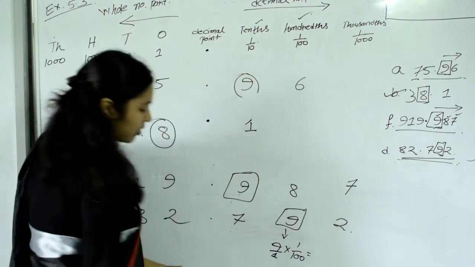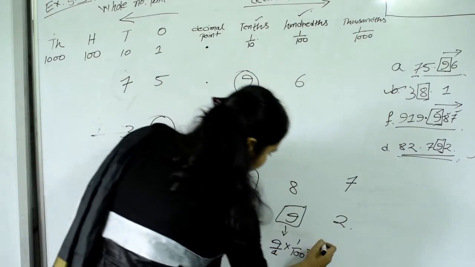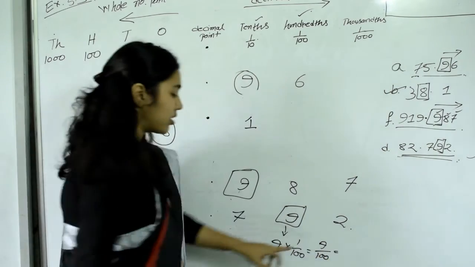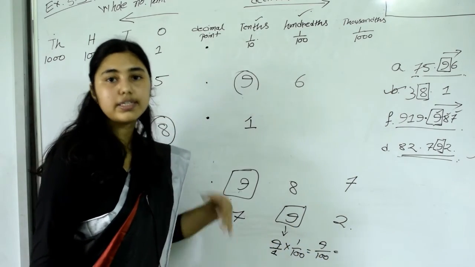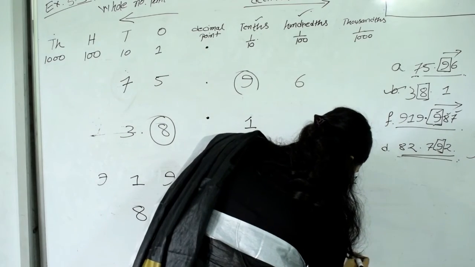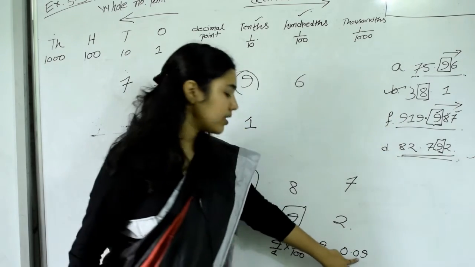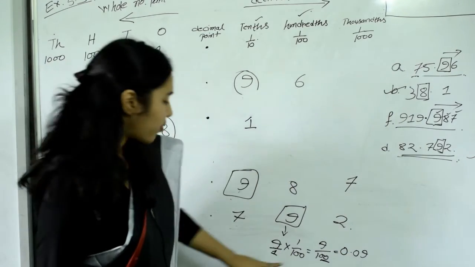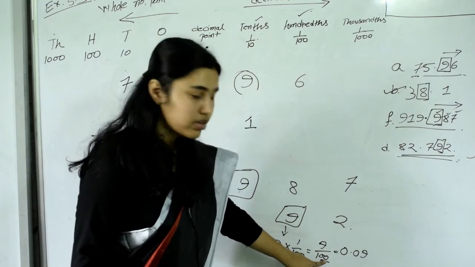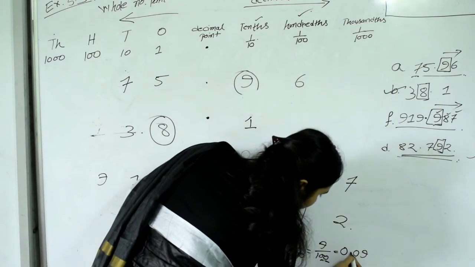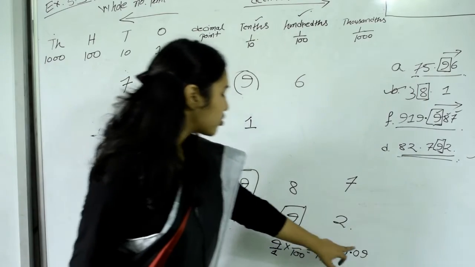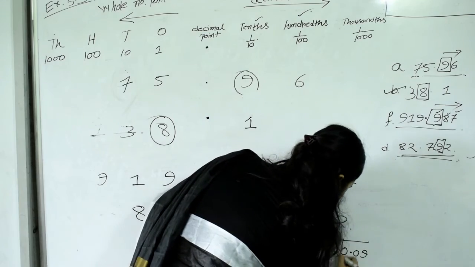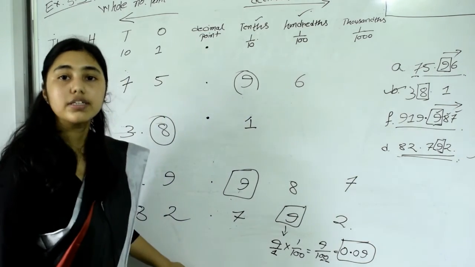Again consider 1, the denominator. 9 ones are 9. 1 into 100, 100. So 9 out of 100, we can write it in decimal value as 0.09. Why 0.09? Because here in the denominator 1 is followed by 2 zeros, right? That's why this decimal point has 2 decimal places. Okay, is it clear? So our answer is 0.09.